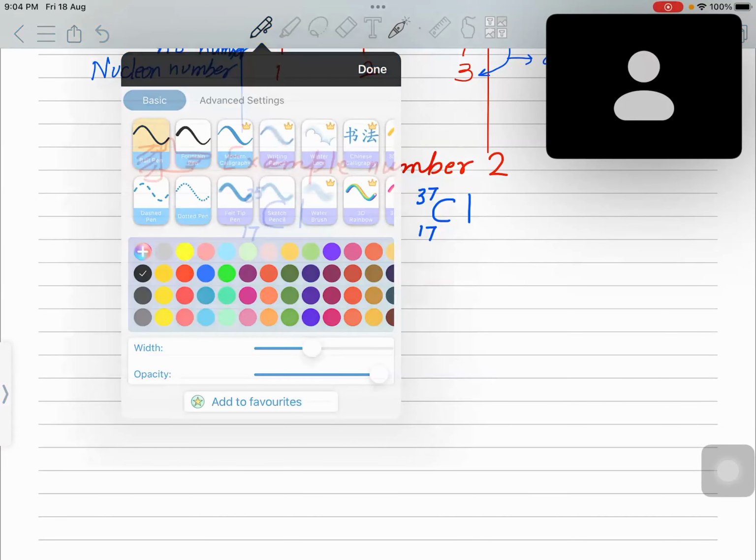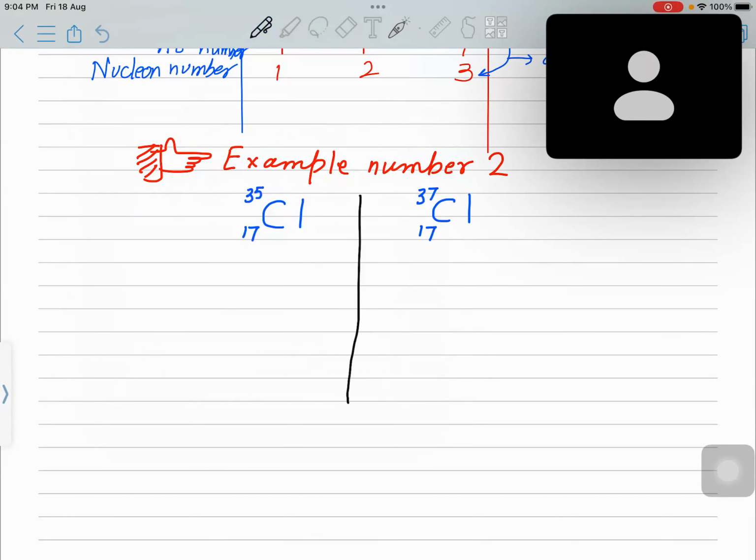Now can anyone tell me how many protons there are in chlorine 37 and in chlorine 35?